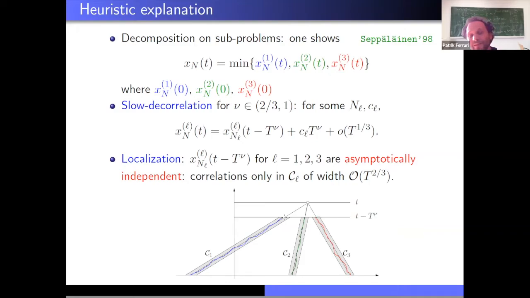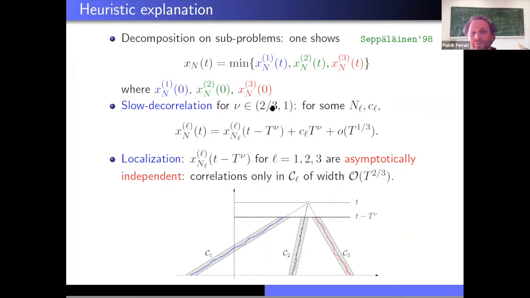If you think about the graphical construction of TASEP, there are Poisson processes everywhere. So the only Poisson processes which are relevant are the ones in a T to the 2/3 neighborhood, this cylinder C1. And similarly for C2 and C3.